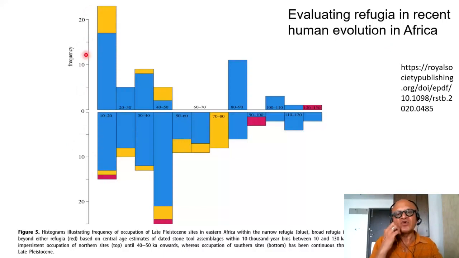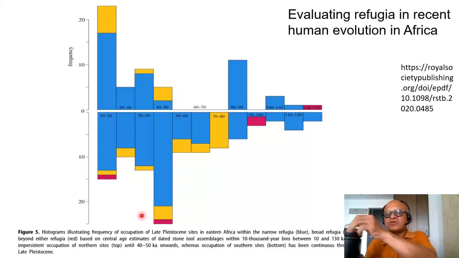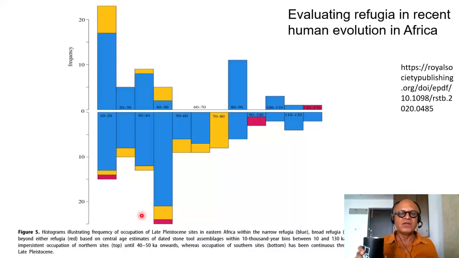I won't go into details of the kind of refugia that are defined and the processes that form them and determine them, but I just wanted to show that the idea of refugia is a big key player in human evolution in Africa and elsewhere, of course, and still continues to play a role in terms of human interaction with natural resources, etc.